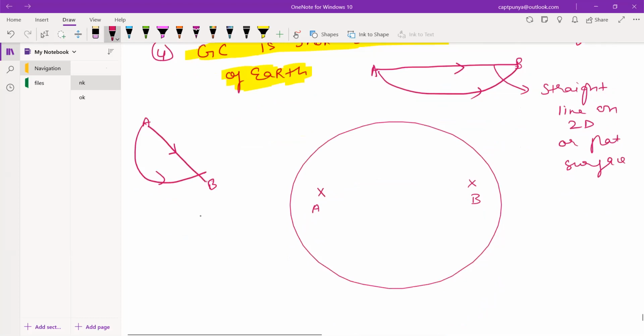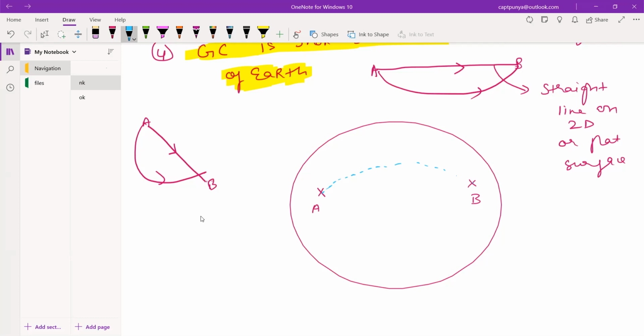So the shortest distance to travel from A to B will be a great circle like this. This will be your great circle. This point A and B will be crossed by some great circle. If you follow that great circle, that will be your shortest path.